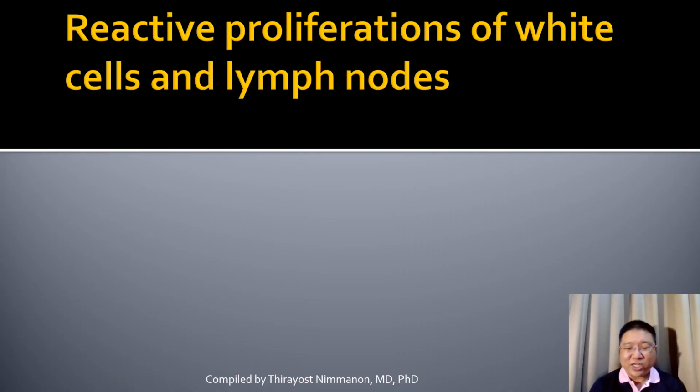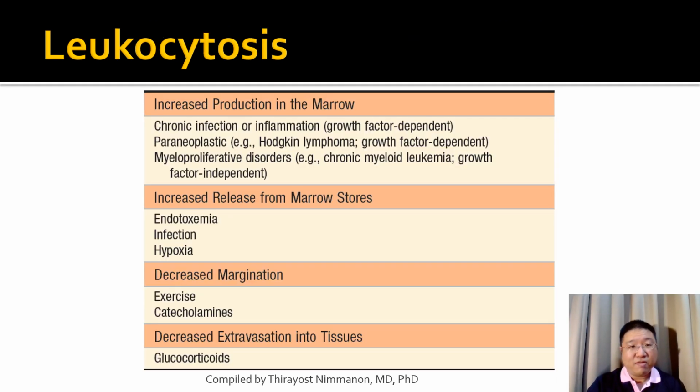For leukocytosis, it can be either reactive or neoplastic. For reactive leukocytosis, the causes include increased production in the bone marrow, increased release from the marrow stores, decreased margination, and decreased extravasation into tissues.